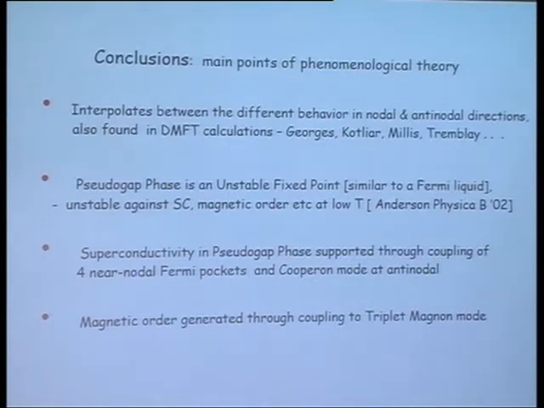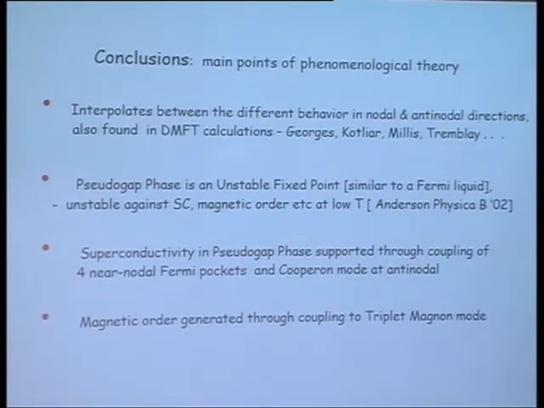I think that the correct way goes back to Phil Anderson about 10 years ago, that the pseudogap is an unstable fixed point, similar in the way that the Fermi liquid state in the metal is. That's to say, it's stable for a while, but in the true low energy, low temperature limit, it may well be unstable against superconductivity, magnetic order, etc. So it's an unstable fixed point, but at low energies then there could be some further instabilities.